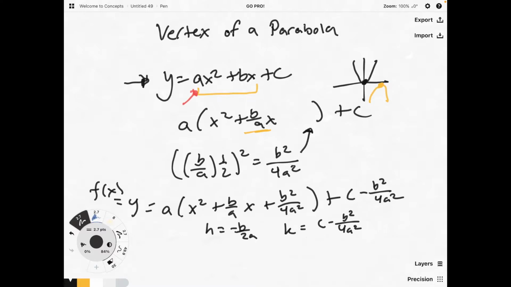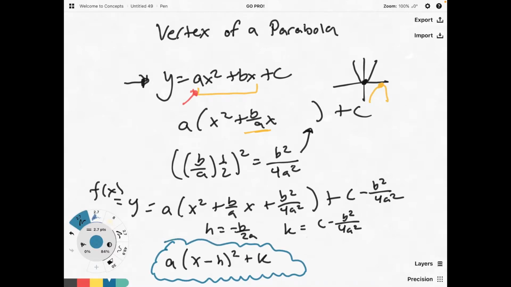And when you substitute these variables in for those values, then this can reduce to y equals a times x minus h squared plus k. And this is the standard equation of a parabola with a vertical axis, where h and k is your vertex.